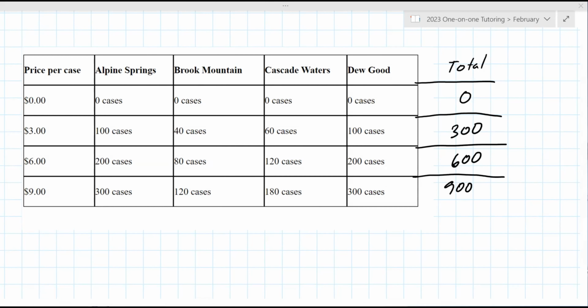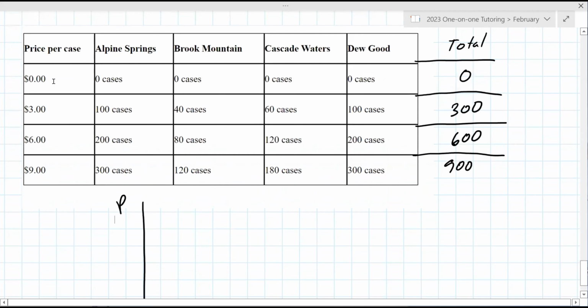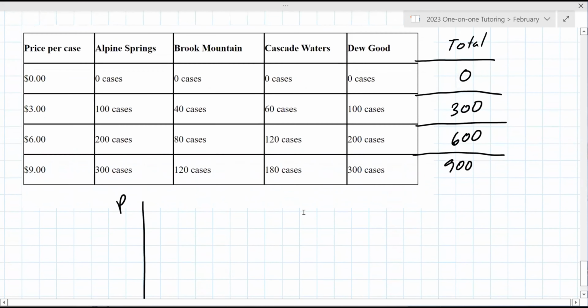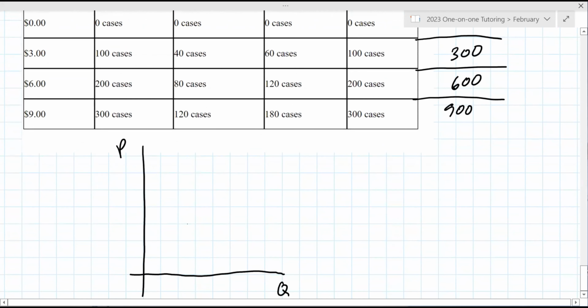Now, if we were to graph that, because that's important here, at a price of $0, there's a quantity of 0, but at a price of $3, it's 300, $6, 600.